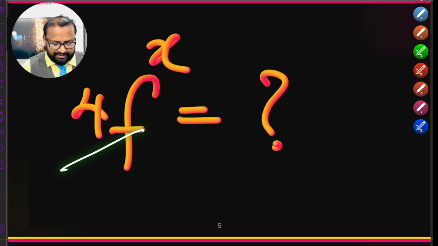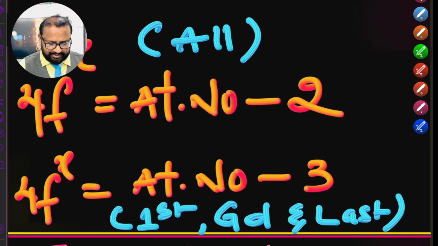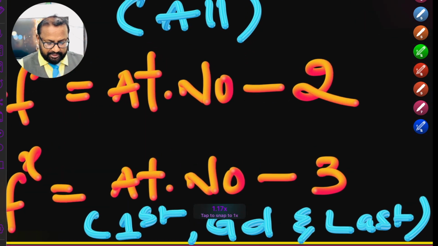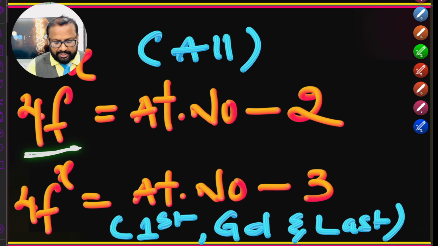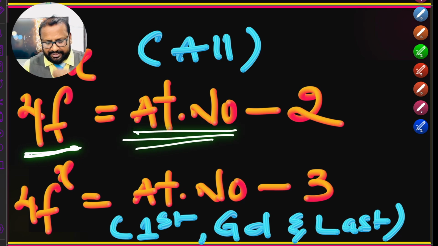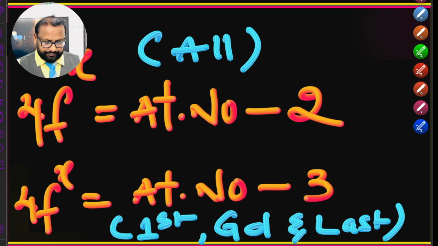For this I have a simple formula by which you can write it in 1 or 2 seconds, just a simple subtraction. The formula is f to the power x equals atomic number of lanthanide minus 54 plus 2.